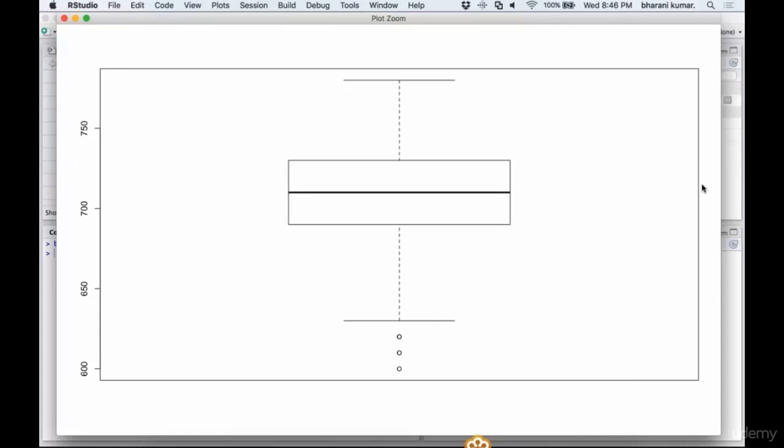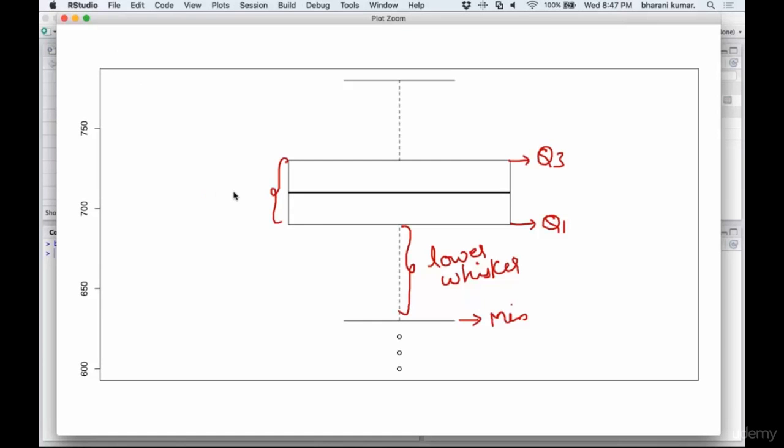Let me explain this also quickly. This is your minimum value. This is your lower whisker. This is your Q1, or first quartile. This is your Q3, or the third quartile. This box is called the interquartile range.